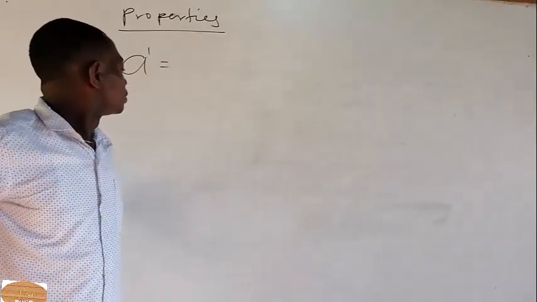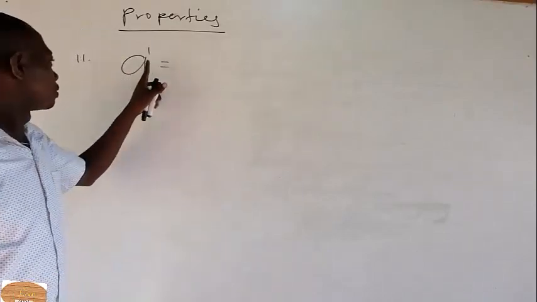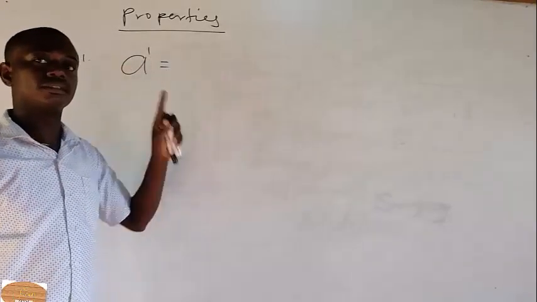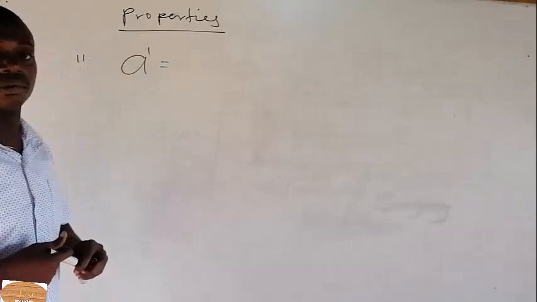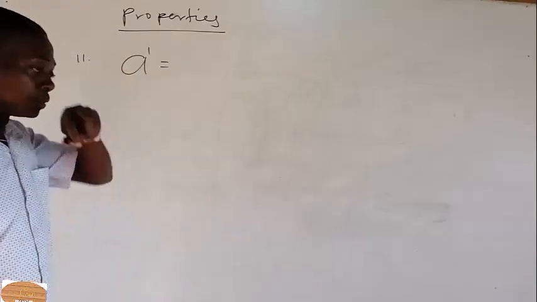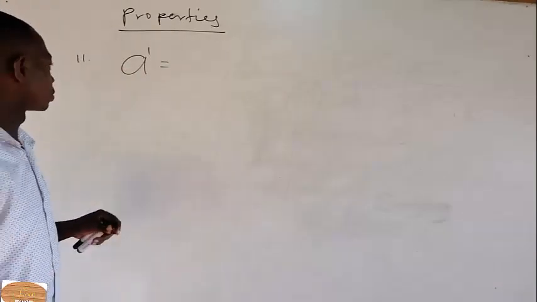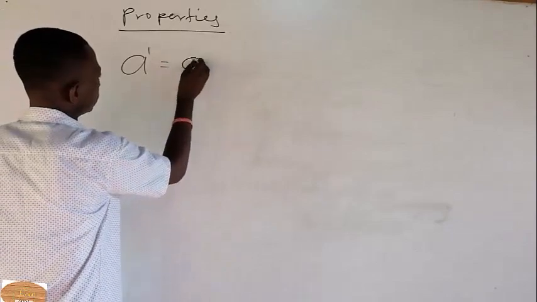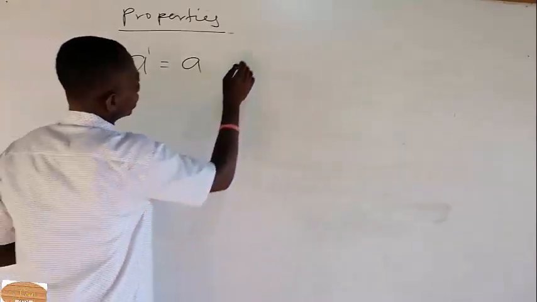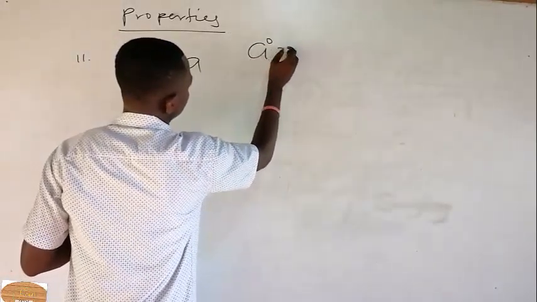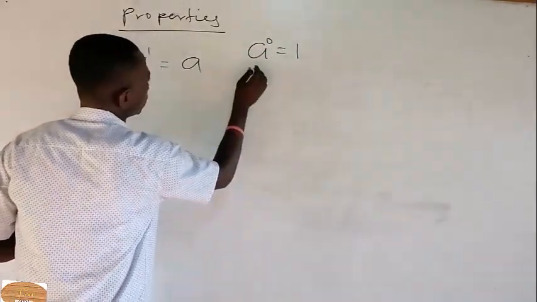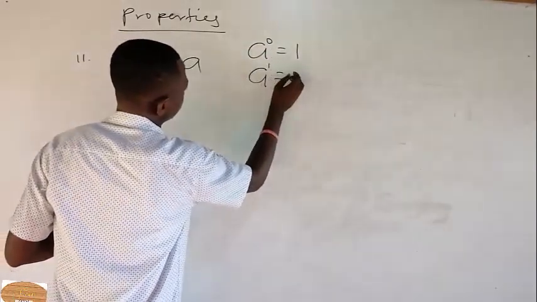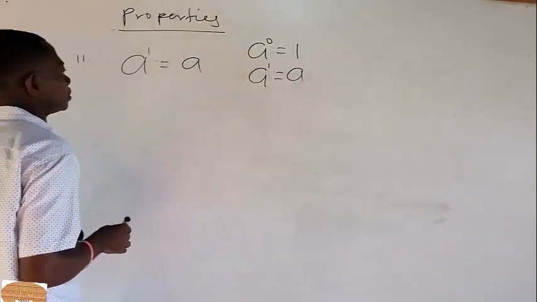So any number to the power 1 is that number. Any non-zero number to the power 1 is that number, so a to the power 1 is equal to a. Alright. So the first one, a to the power 0 is 1. And the second one, a to the power 1 is a. Don't forget this one.